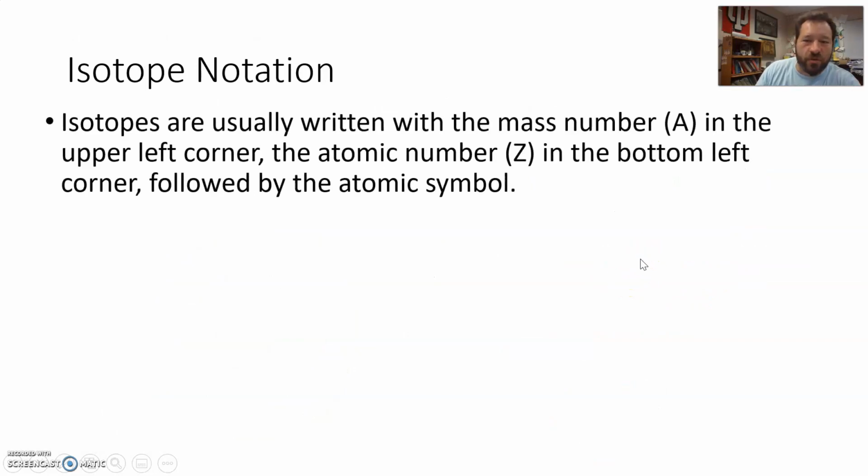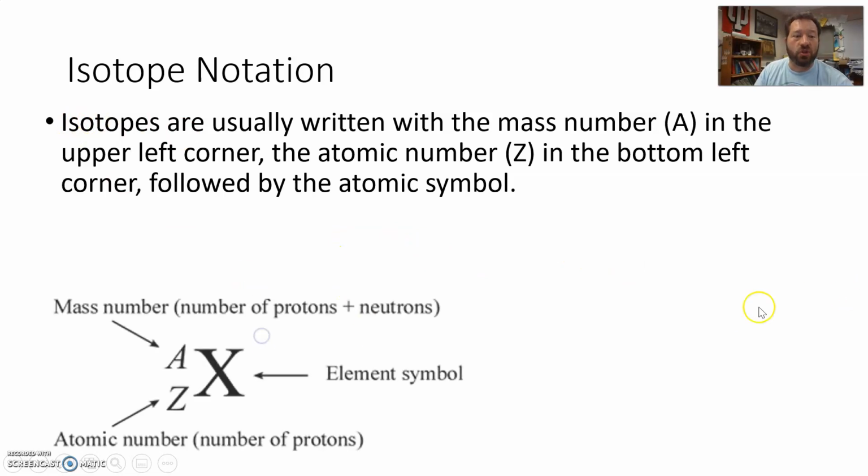So that brings us to isotope notation. Notation is a way to write which isotope of an atom we have. We use the element, so X is whatever element you happen to be working with, and we put the mass number, that's protons plus neutrons, A, in the top left corner, and we put the atomic number, Z, in the bottom left corner, that's the number of protons.